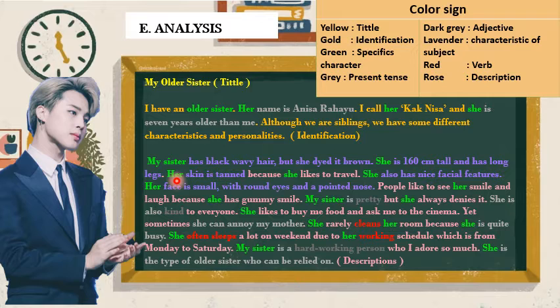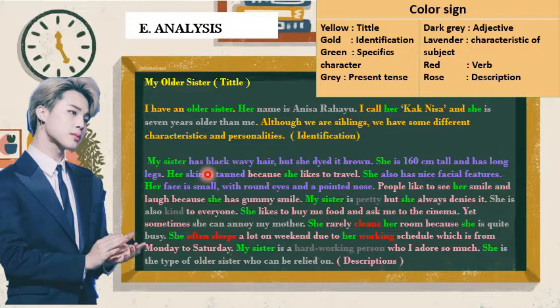Green color is the sign of the specific character like we explained before. Many green colors here are used to explain the specific character. Lavender color is the sign of the characteristic of the subject or the character in the text.